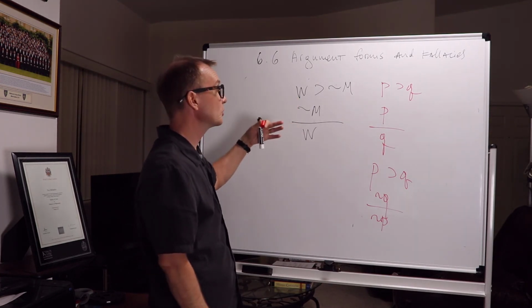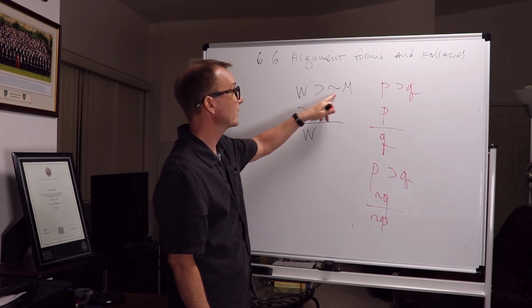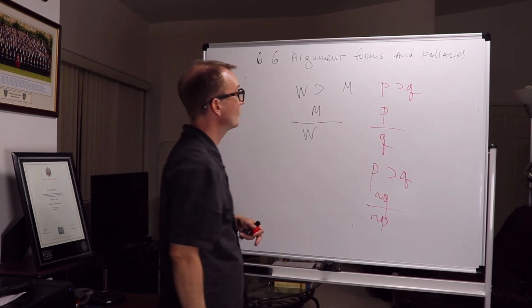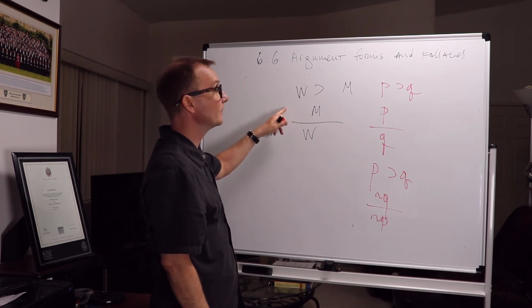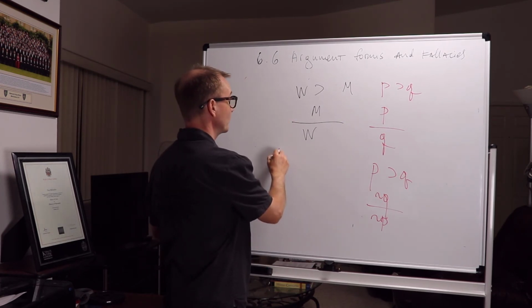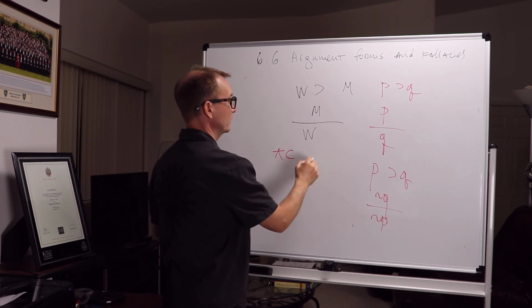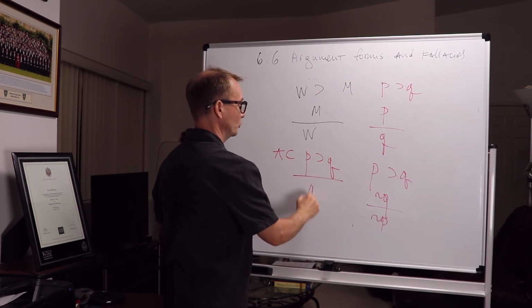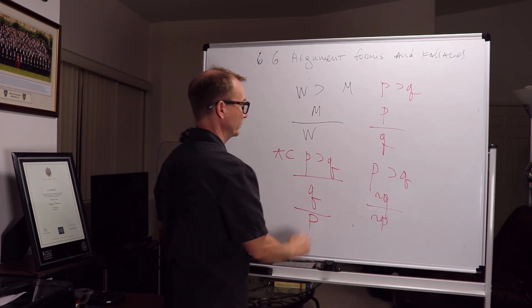No, it does not, because saying not M twice is pretty much the same as saying M. So that actually is an invalid form. This is affirming the consequent, which goes if P then Q, Q therefore P. See?